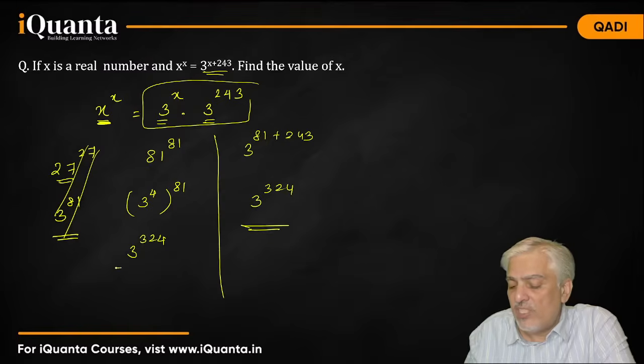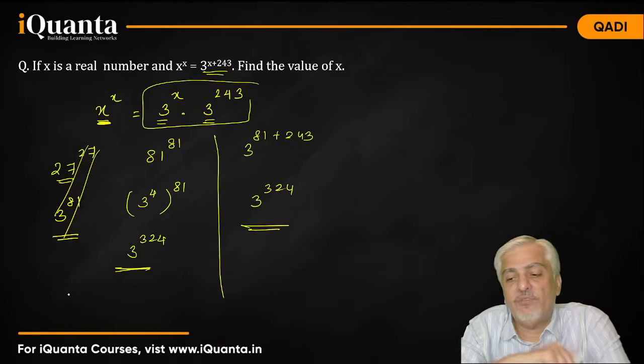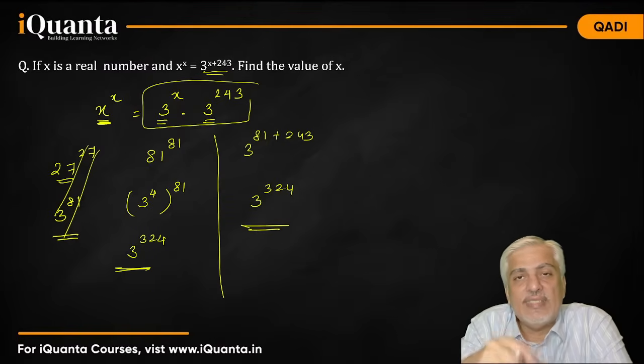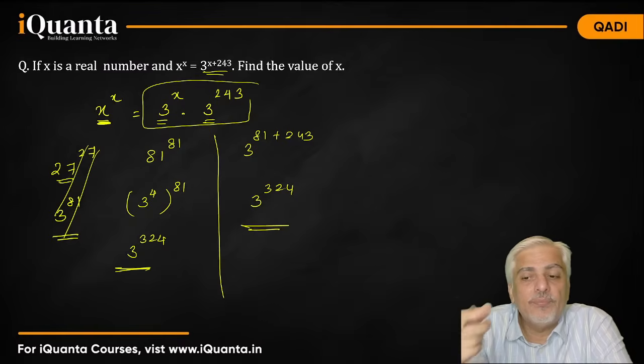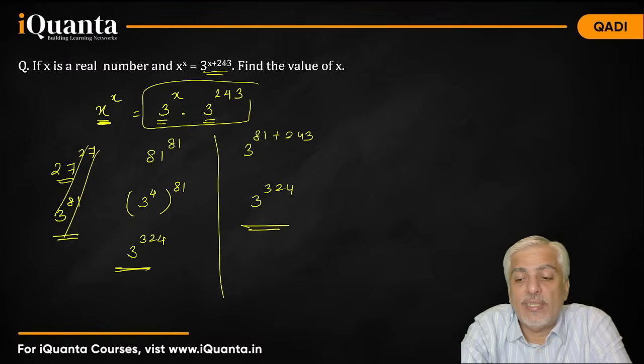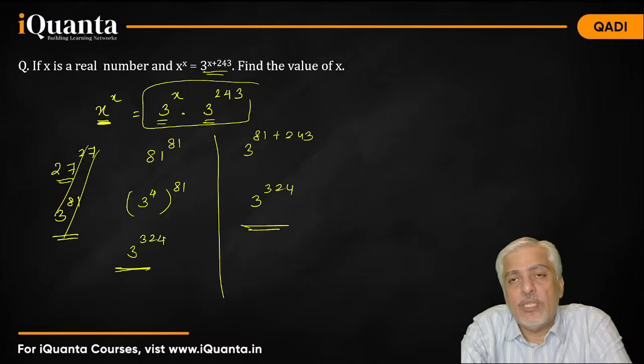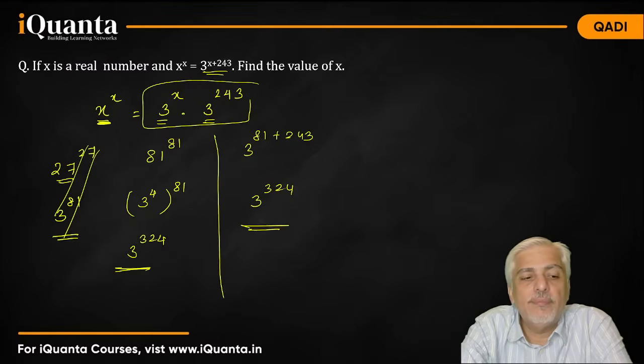This is the easiest way to do this question. You have to realize that the value for x will have to be a power of 3, and that is how you always get this question very quickly. Is everybody clear how to check? Obviously, you can do logs and a lot of things which you want, but not worth it.